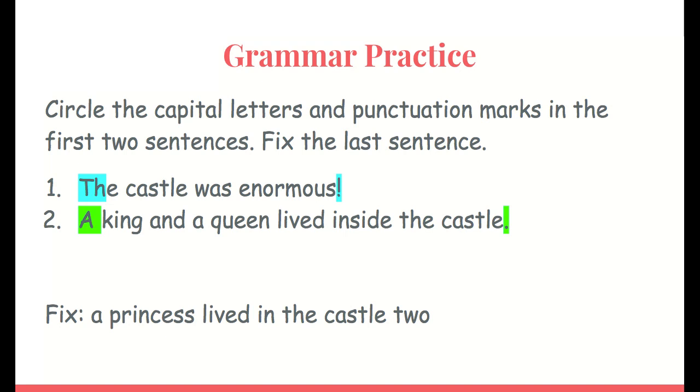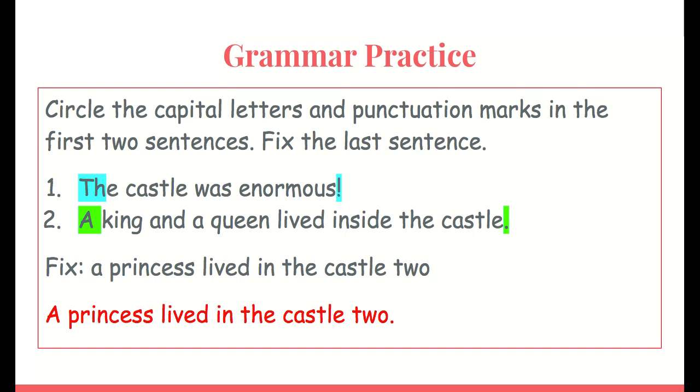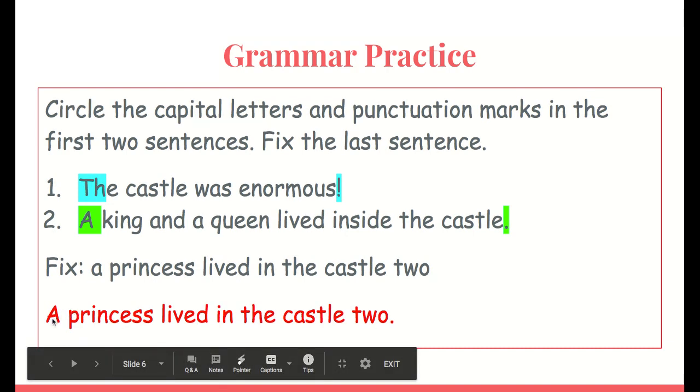Okay, fix the grammar mistakes in that sentence. If you capitalize the A and end it with the period, got it correct. A princess lived in the castle too. See how much better it looks now that it's fixed?